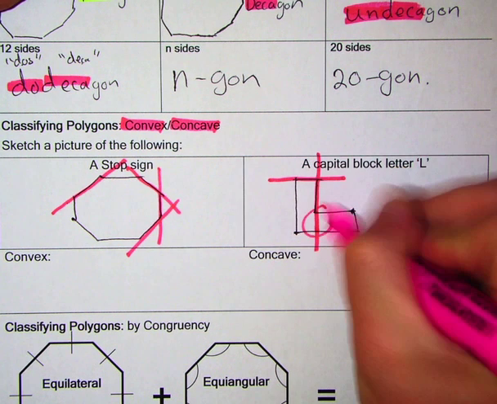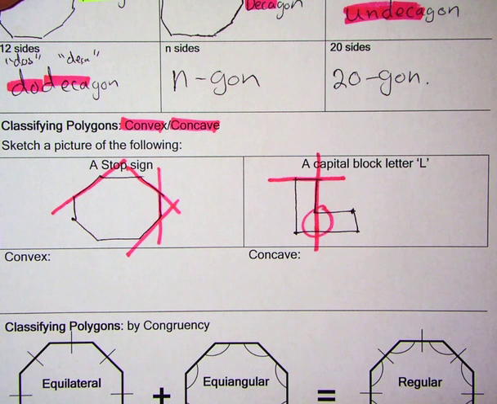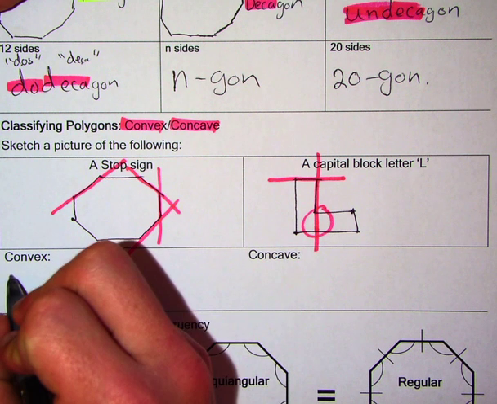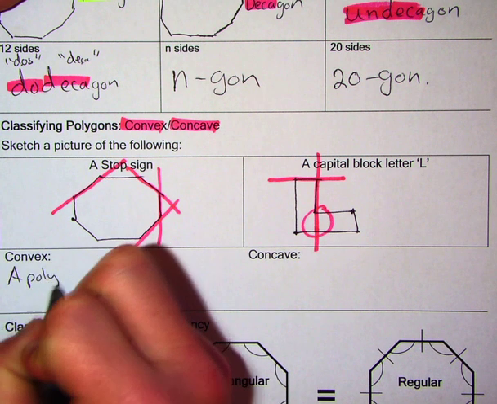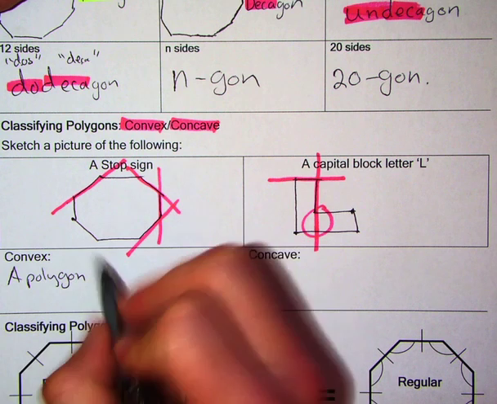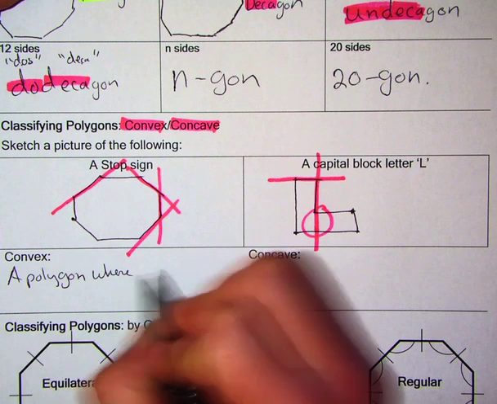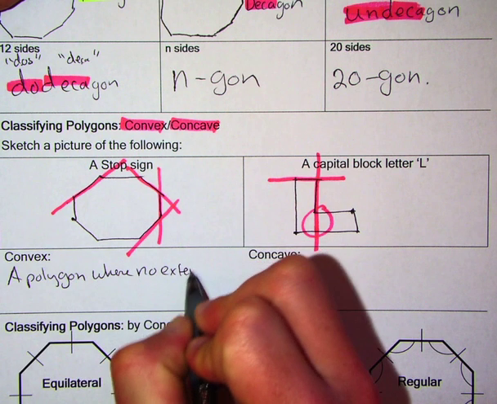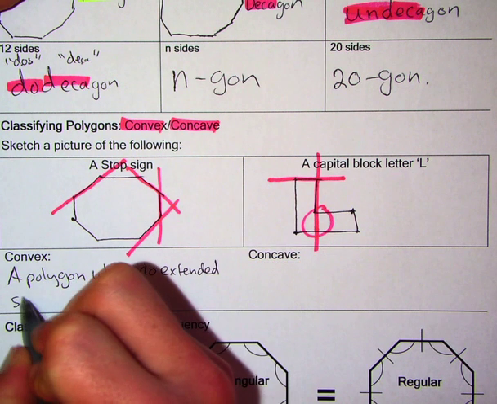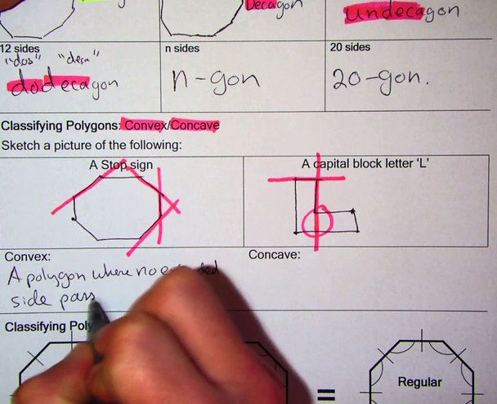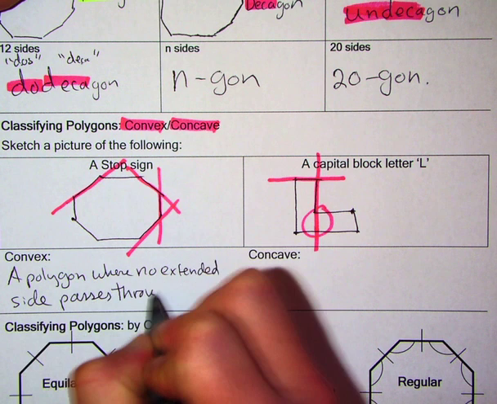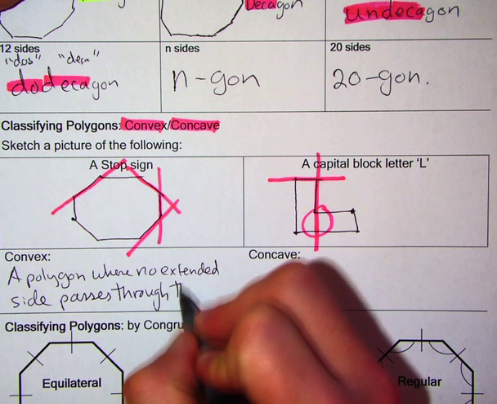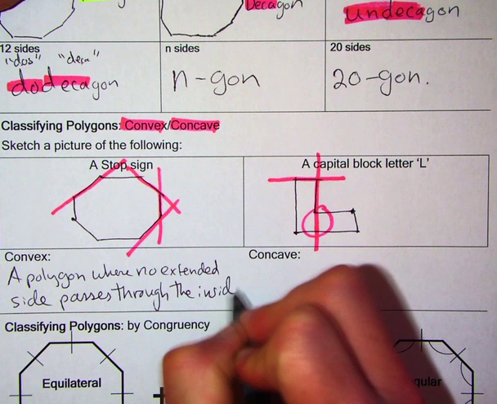Right here is the problem. It passes through the middle. So convex is a polygon where no extended side passes through the inside, let's say.